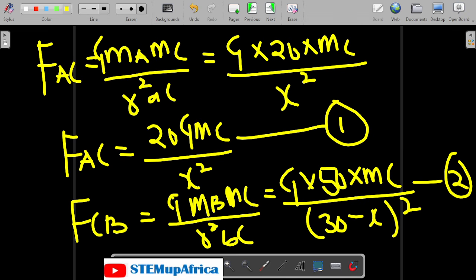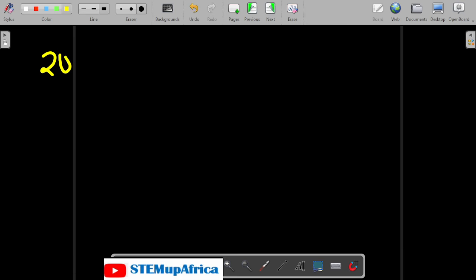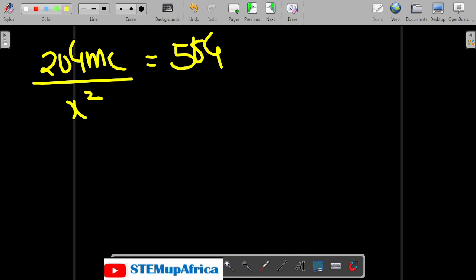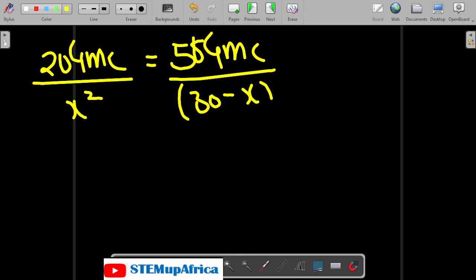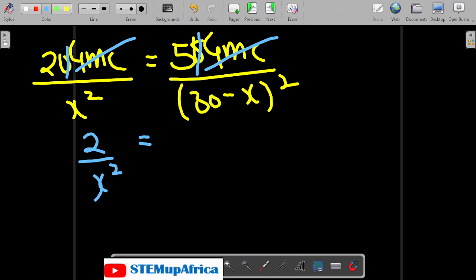So if I equate both of them, as we stated earlier, I'm going to have 20 G MC over x squared equals 50 G MC over (30 minus x) all squared. GMC will cancel GMC, and 0 will cancel 0. So I'm having 2 over x squared equals 5 over (30 minus x) all squared.